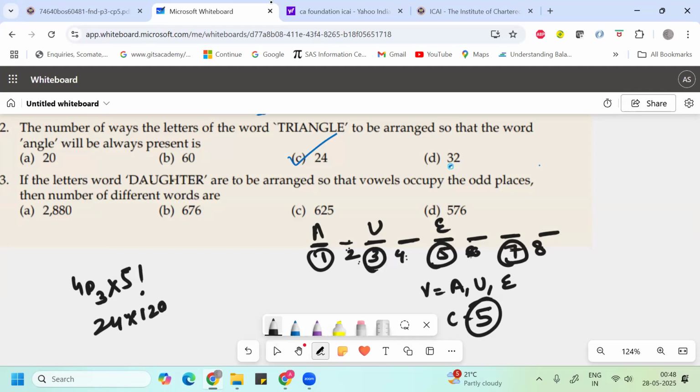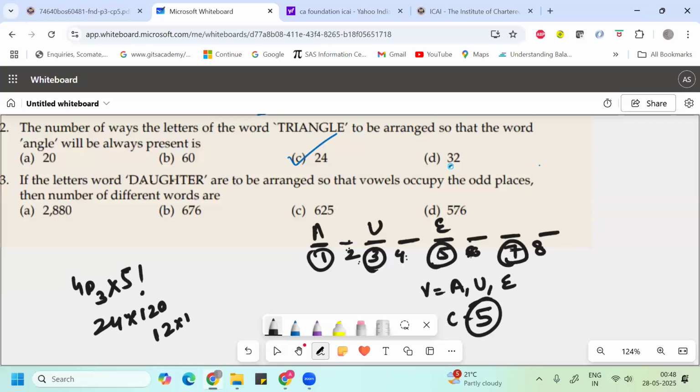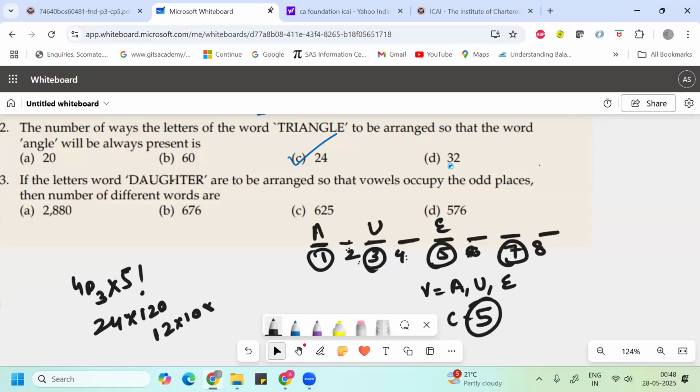So you can write this as 12 into 2 into 12 into 10, and 12 into 12 is 144, into 2 is 288, so 2880.